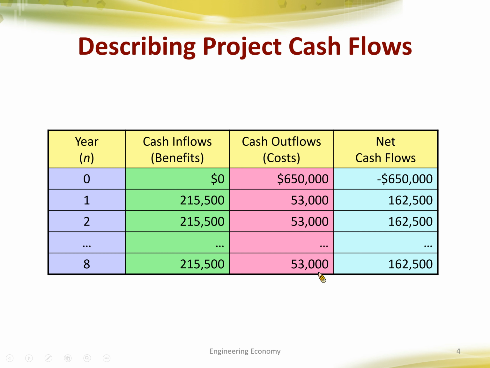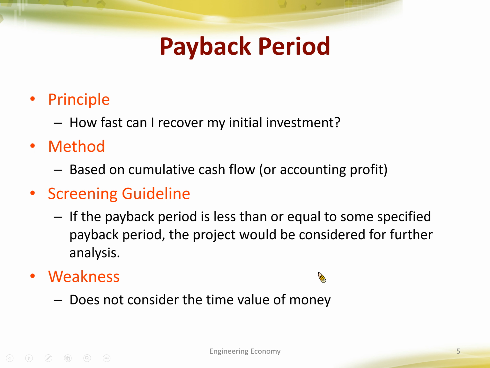So we can get a new column of cash flows. It's called net cash flows. It's benefit minus cost. Okay, so we can now look into how we can determine whether or not we can utilize this cash flow to make a decision.